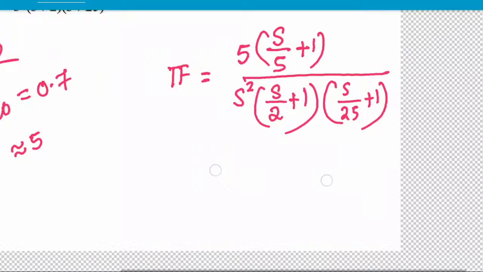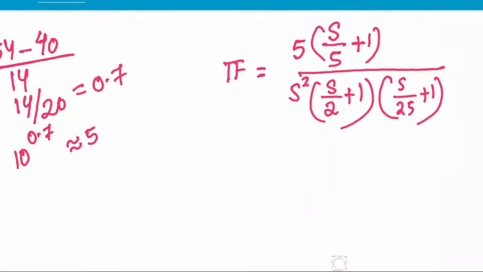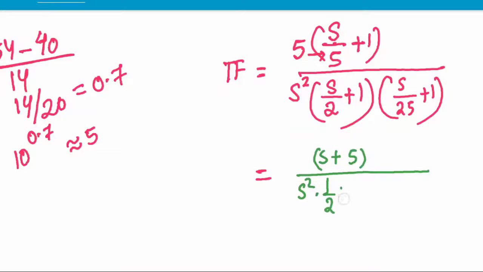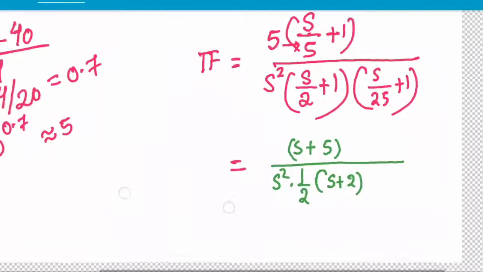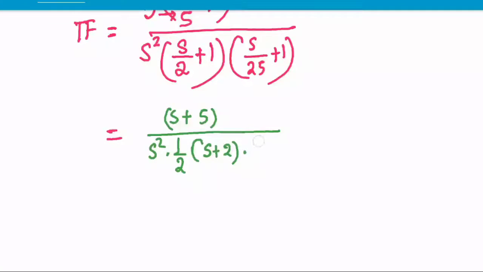Now we solve this. Here 5 is multiplied inside the bracket, giving s plus 5 over s squared. If we take 1 by 2 common, this becomes s plus 2, and if we take 1 by 25 common, this becomes s plus 25.